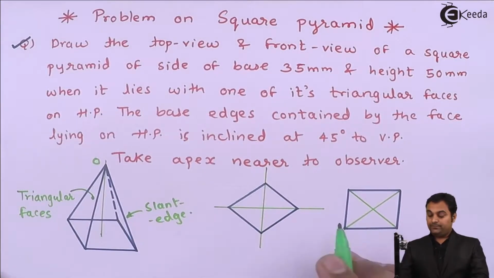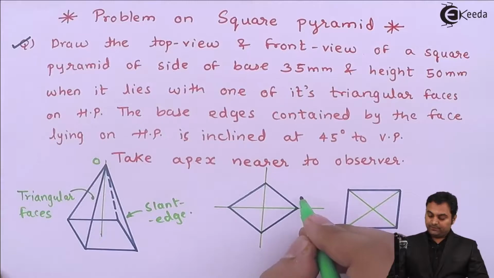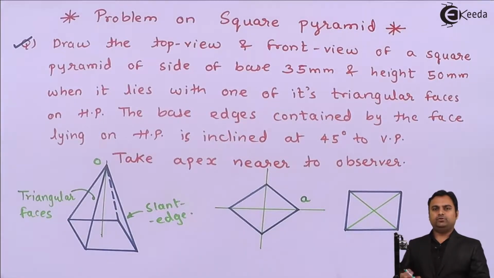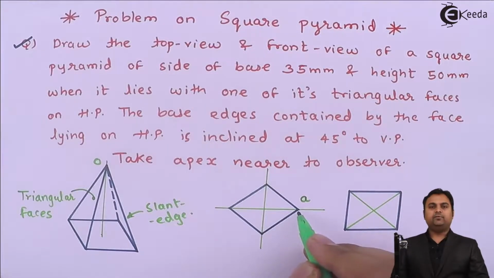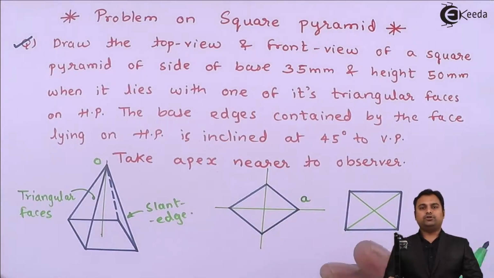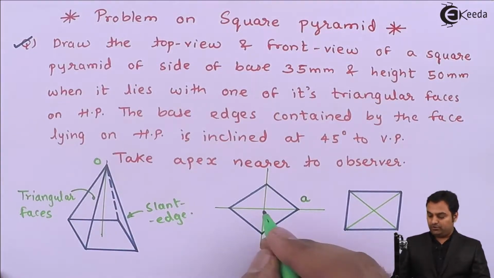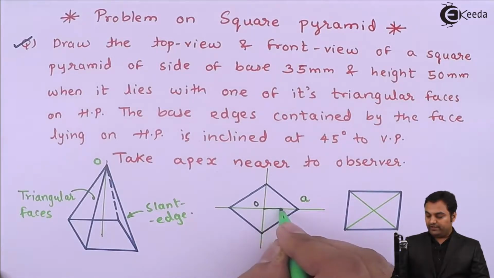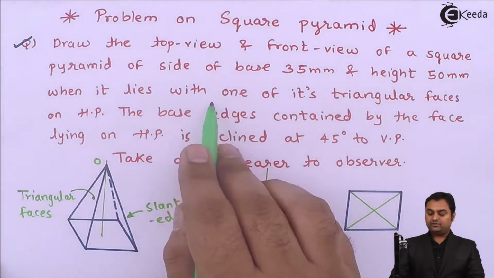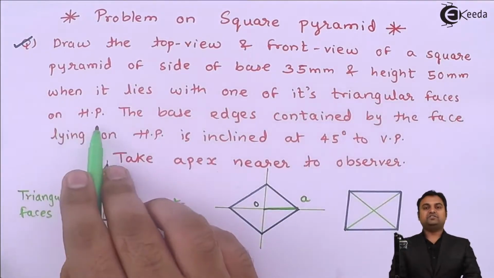2 different ways here. So if I take the first condition, here the pyramid is resting on its corner A. It means when I will be tilting it onto the right hand side, it will be tilting about this corner. But when it is tilting about this corner, it will rest on HP on this edge, that is O to A. But here in the question it is mentioned that it should rest with one of its triangular faces.